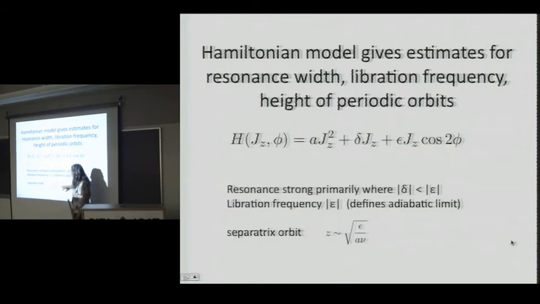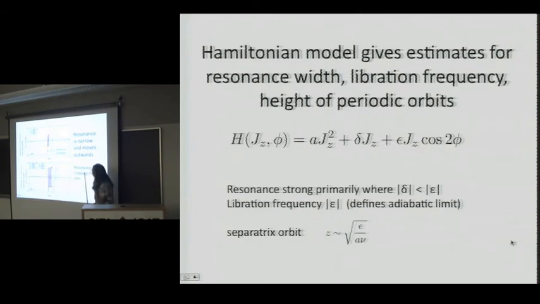So the separatrix orbit has this height. And you can also estimate the libration time scale, which tells you how fast it takes. If I put an orbit in the separatrix, how long does it take to get excited? If it takes a Hubble time, your model's no good, right? So I need to check that the excitation time scale is short enough for the resonance to actually lift the stars out of the plane.